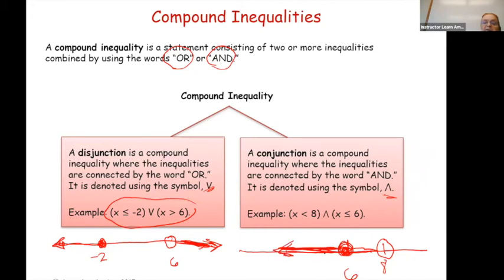Now, where does the overlap between these two sets occur? Only for x less than or equal to 6. This whole section in here does not satisfy both conditions. And if it's an and statement, it has to satisfy both conditions. So the final result would only be that x is less than or equal to 6.